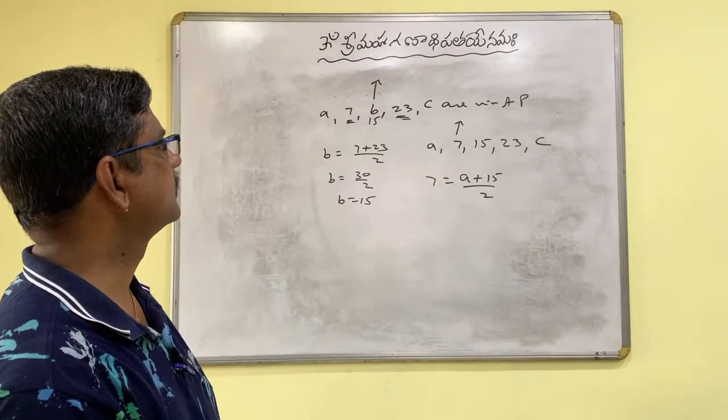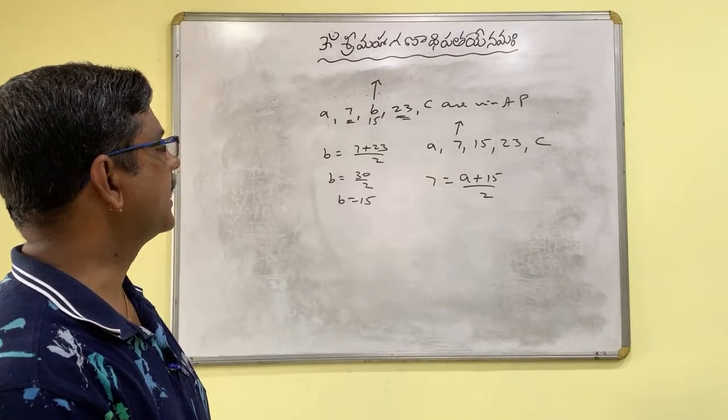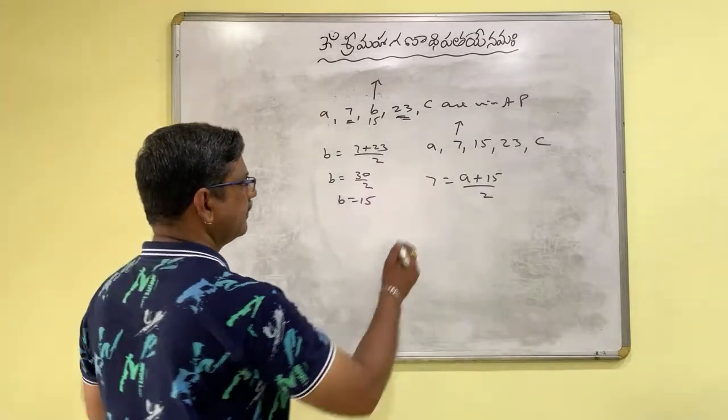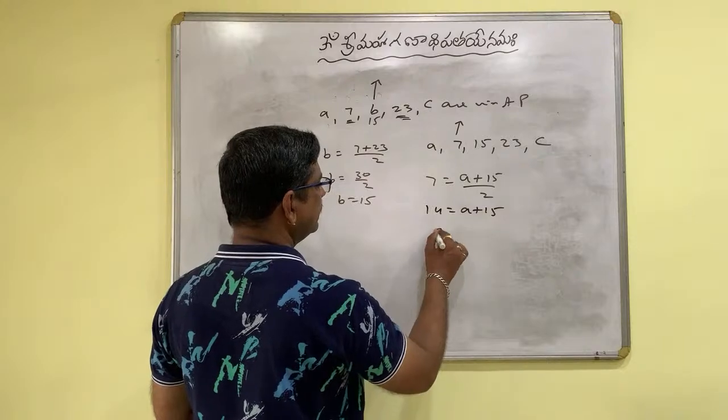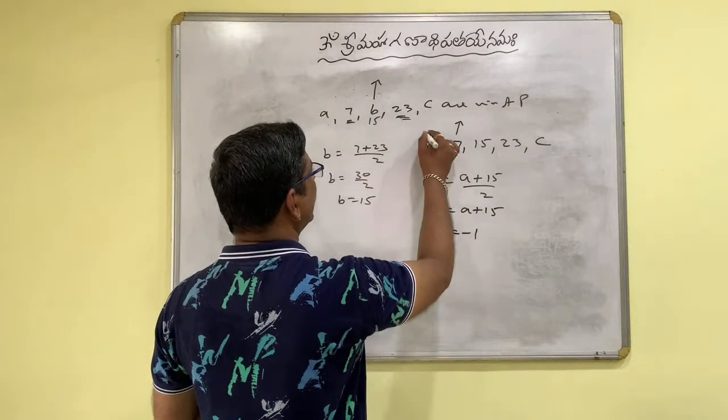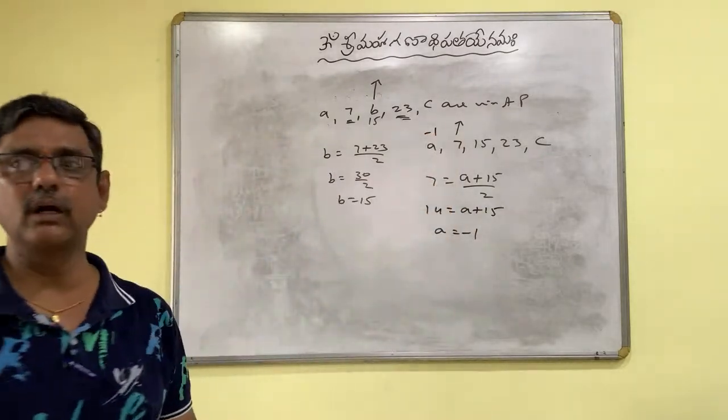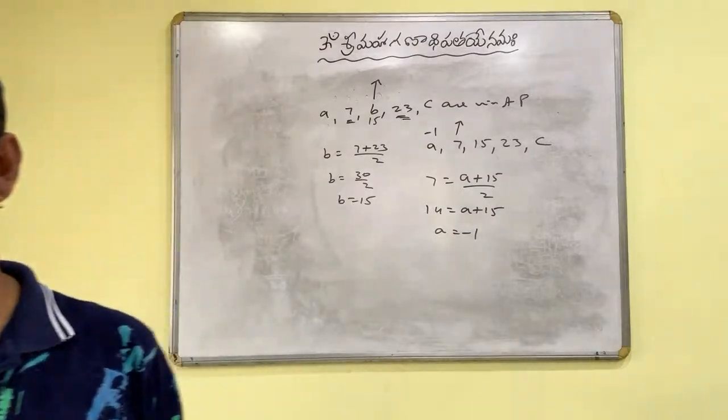So d is 8. A ఎంత అవుతుంది? 14 is equal to A plus 15. A is equal to −1.